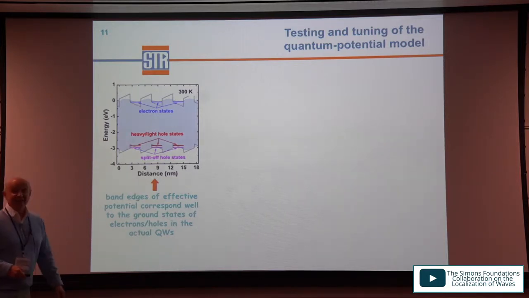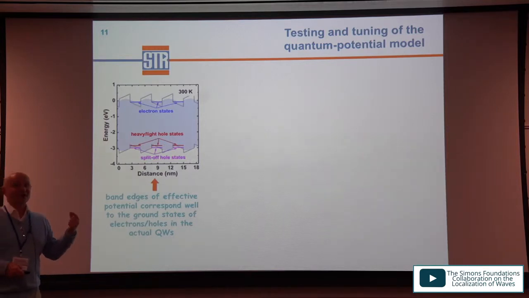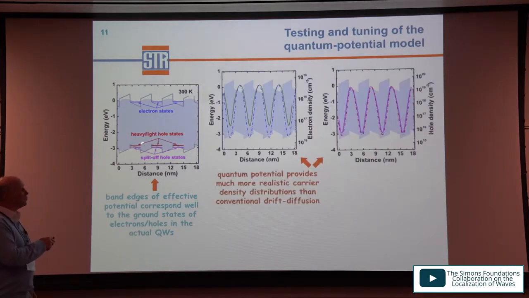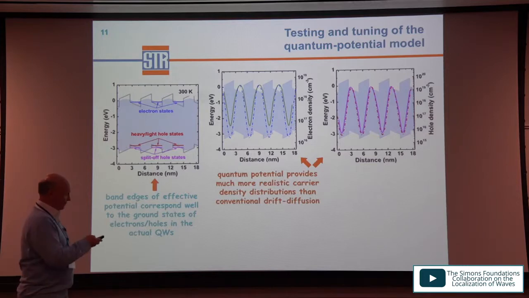And what is interesting, the bottom of this effective potential corresponds to the energy level of confined states in the quantum wells. The situation for holes is not so good because they are different from the position of the top of the valence band. What we have from the point of view of prediction of carrier concentration.